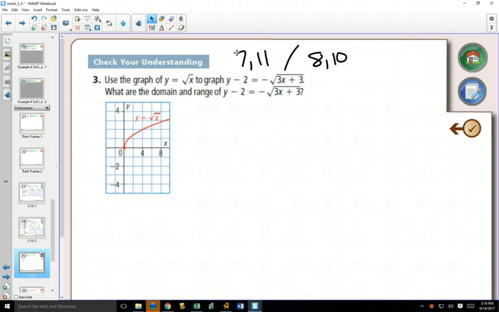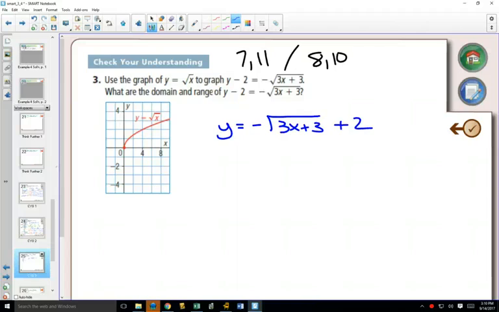Okay, so example number 3, we've got a square root graph. And we want to graph y minus 2 equals negative root 3x plus 3. So the first thing we're going to do is move the 2 over to the other side. And the second thing I'm going to get you to start thinking about is whenever that special note comes into play.